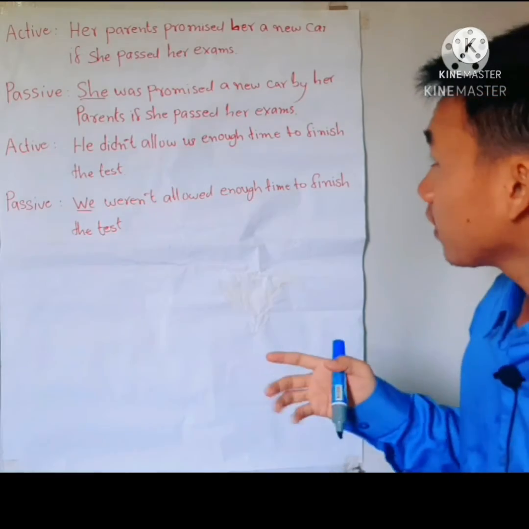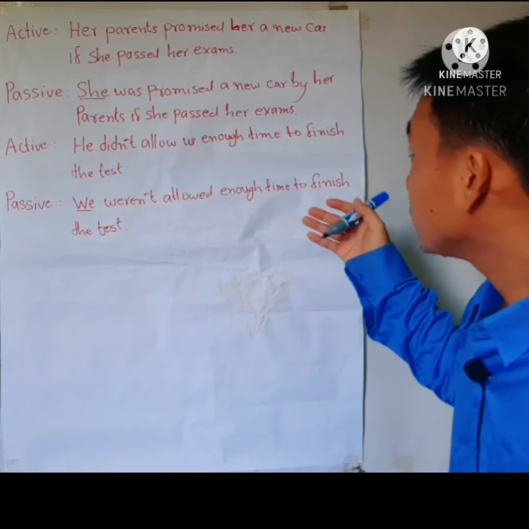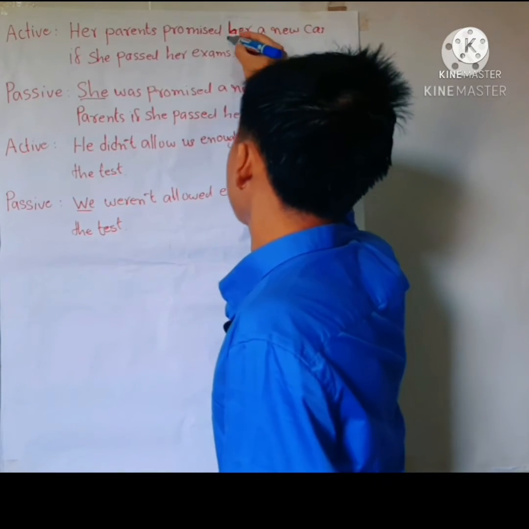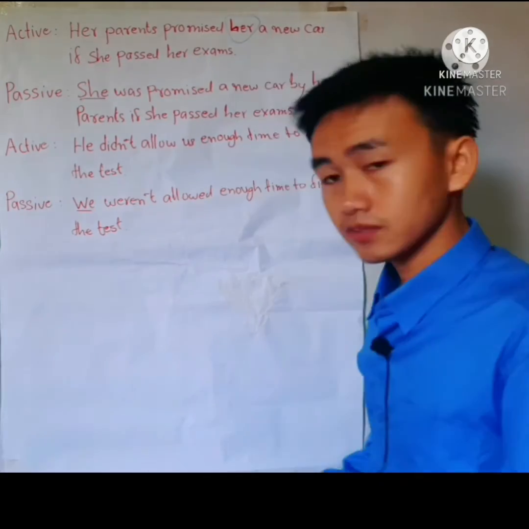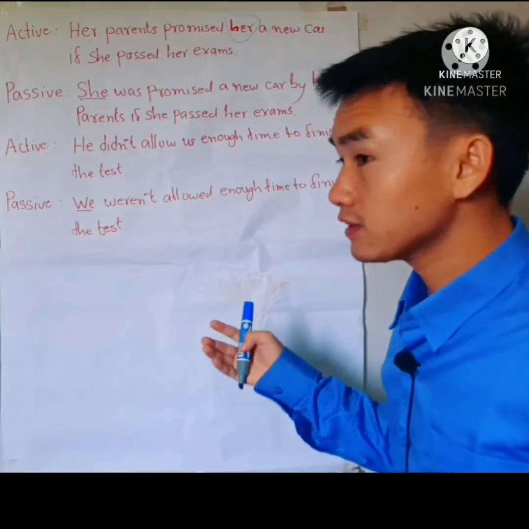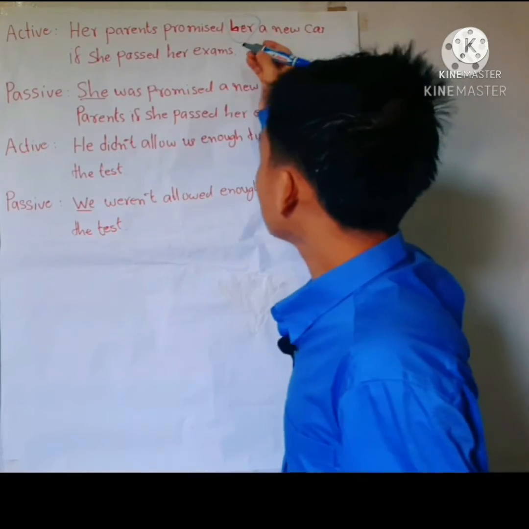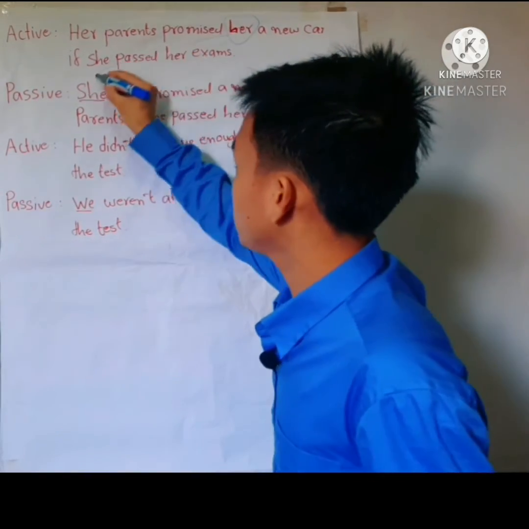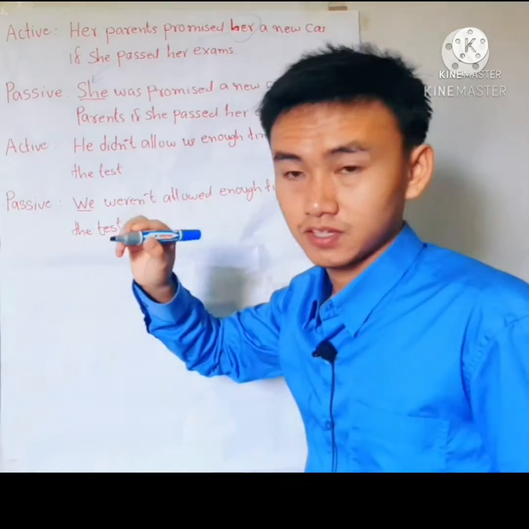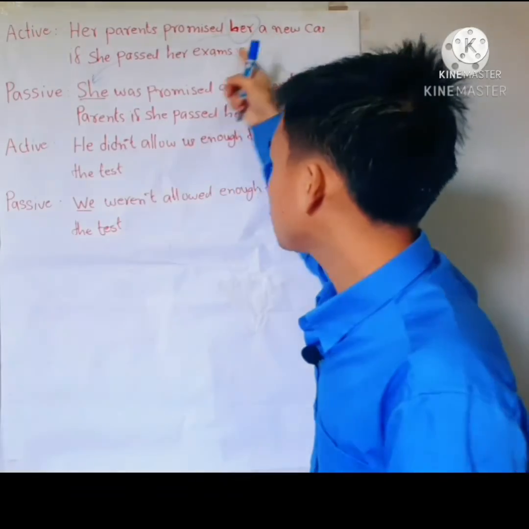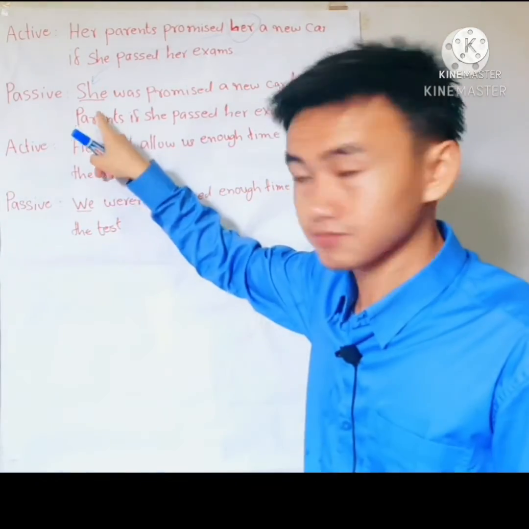Why is that? Because here, her is an object, right? Her is the object of the sentence. So when we change, we have to change it to she here. Like the last one, me changed to I, her changes to she, right?